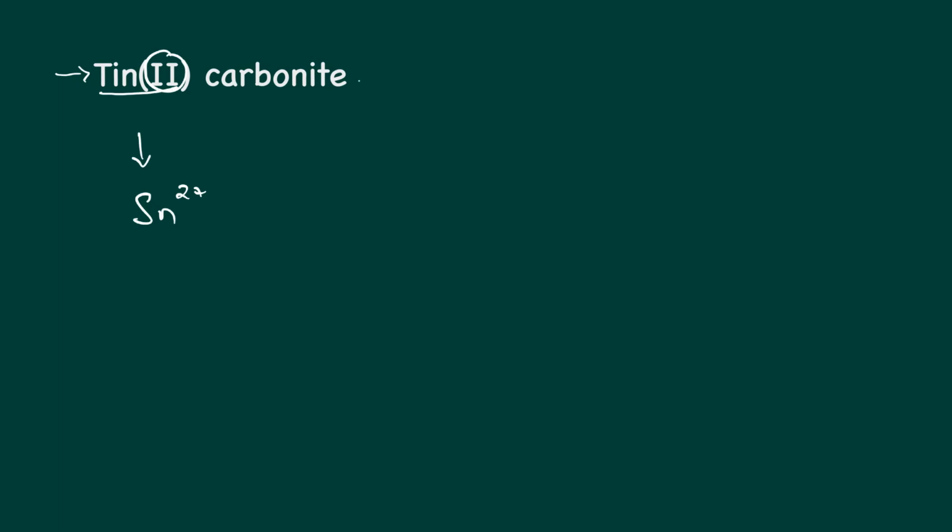And then the anion ends with ite, which means it is not a base ion. The base ion would be carbonate because it would end with ate. So it comes from the base ion carbonate, which is CO3, 2 negative, but because it is ite, it must mean that it is 1 less oxygen, and so CO3 would become CO2, 2 negative.